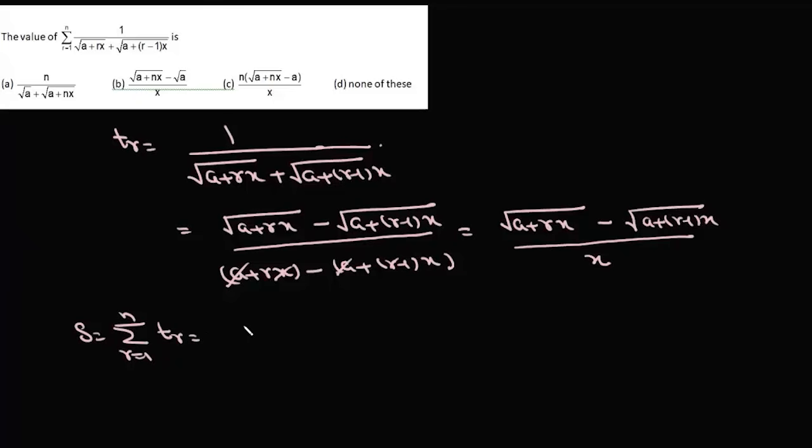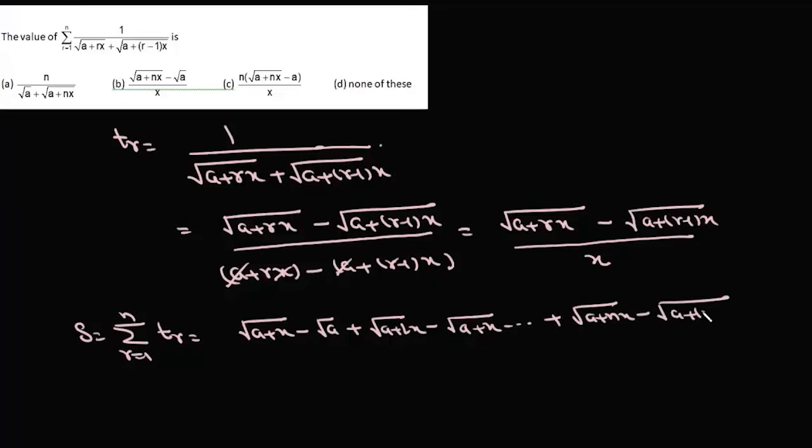Now we put r as 1, it will be under root of (a plus x) minus under root of a, plus under root of (a plus 2x) minus under root of (a plus x), and we'll continue up to under root of (a plus nx) minus under root of (a plus (n minus 1)x), and we have this x for all the terms.